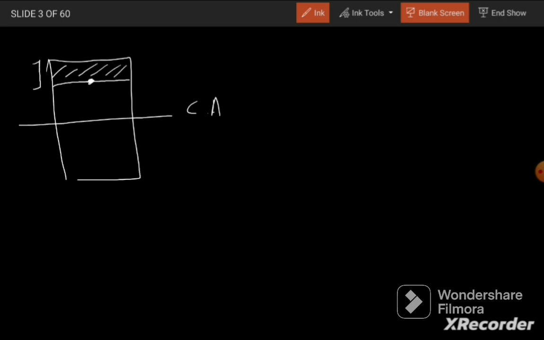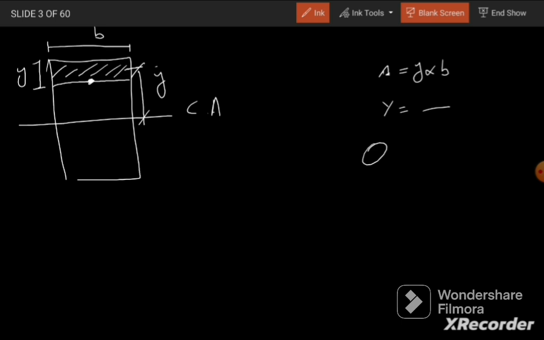So this much will be the depth, for example Y, and this much is B. So the area will be Y times B, and the distance from the centroid of this area up to the centroidal axis I call Y dash. So Q will be equal to area times Y dash.